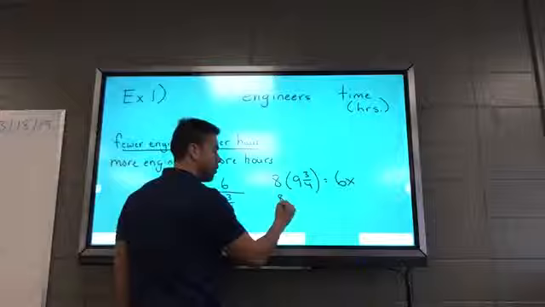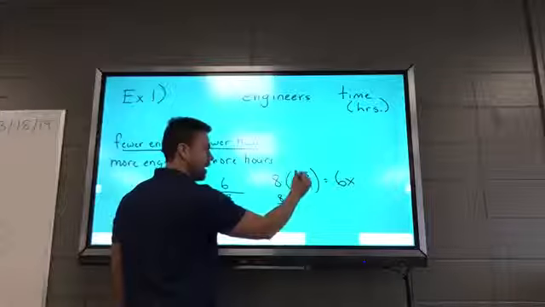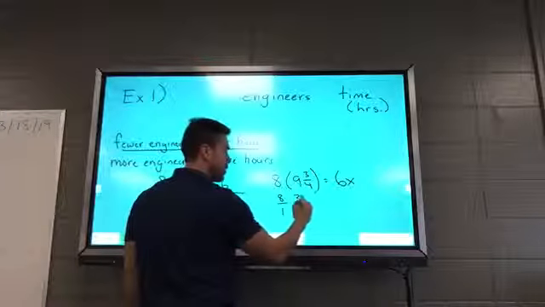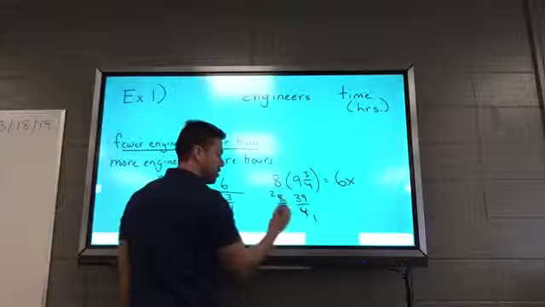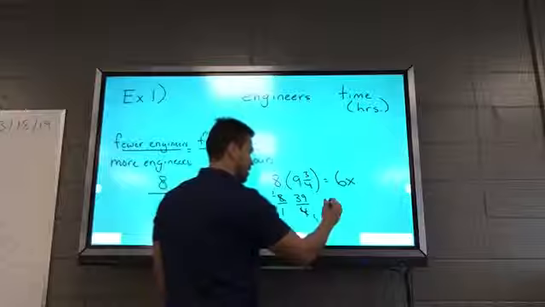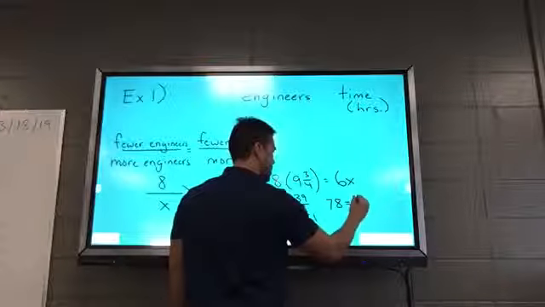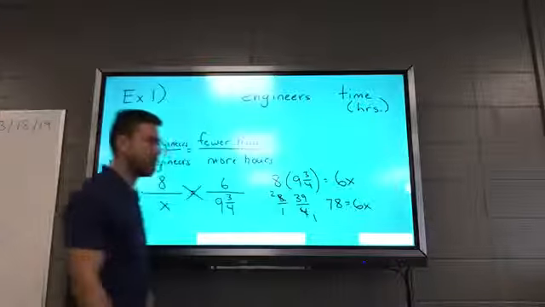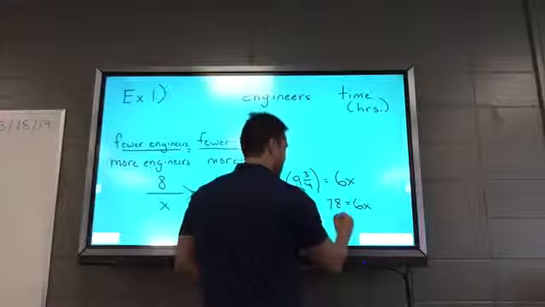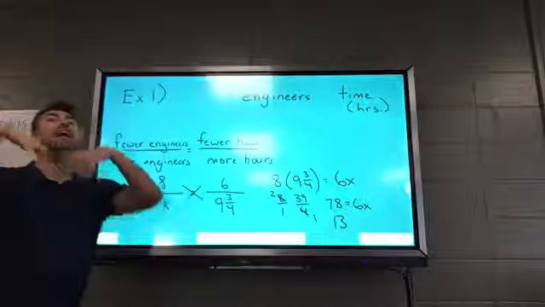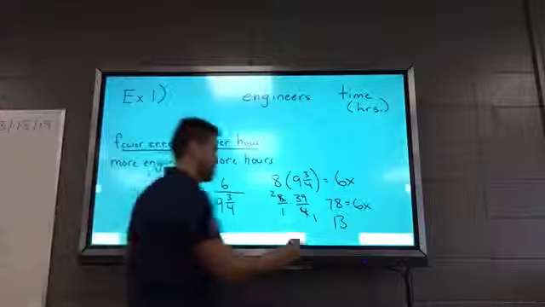I'm going to get 8 over 1 times 39 over 4. Then I'm going to simplify here. So 2 times 39 is 78 equals 6x. Divide both sides by 6, and I get 13 engineers.